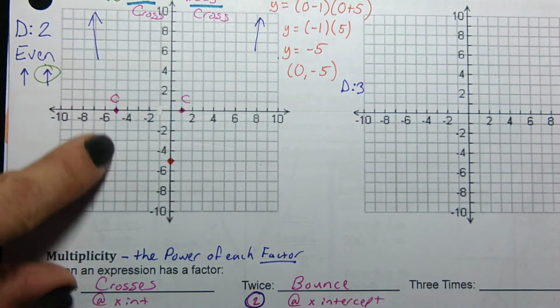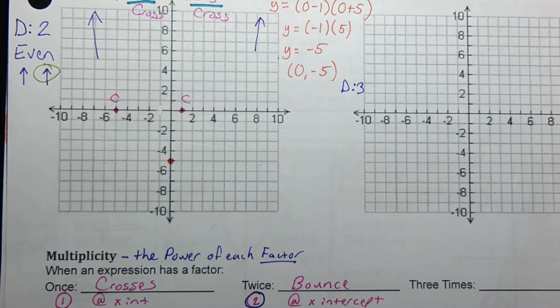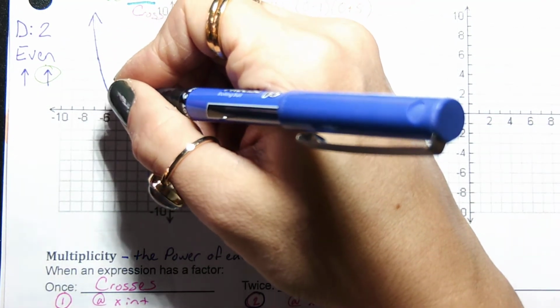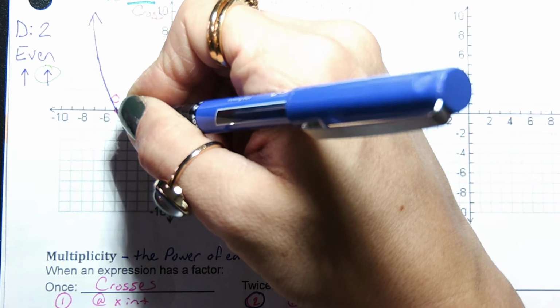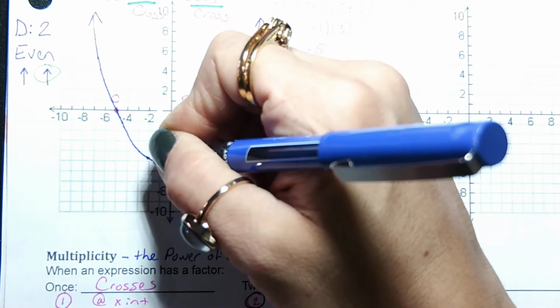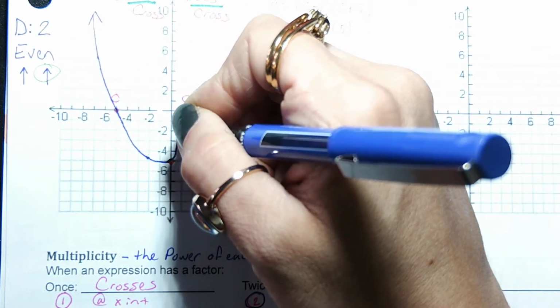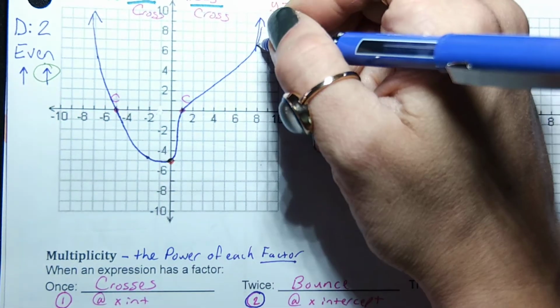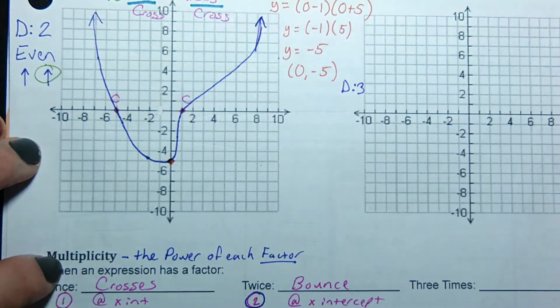And now I am going to work it through these points based on what we have for the behavior at those intercepts. So I'm going to cross right through that point. I'm going to hit that y-intercept. I'm going to cross at that point and then curve up through that other arrow.